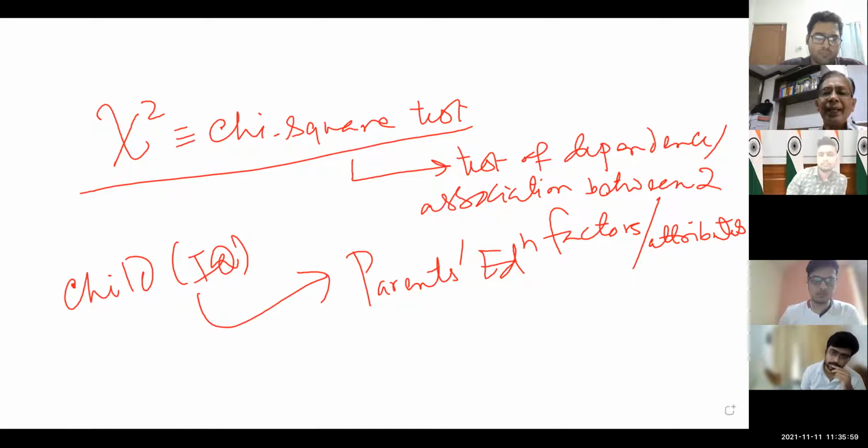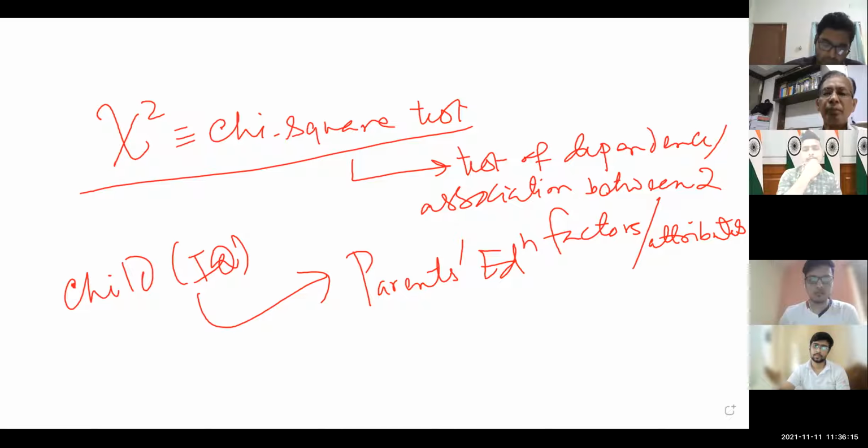If parents are highly educated, can we expect their children to be intelligent? So we are trying to verify whether two attributes, child's intelligence and parents' education, are dependent or not.